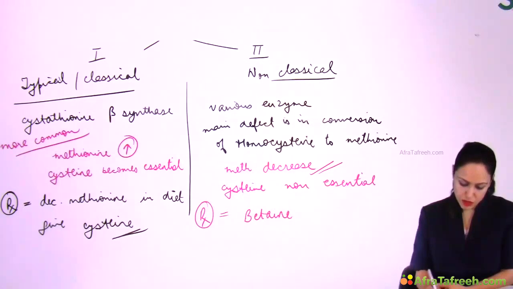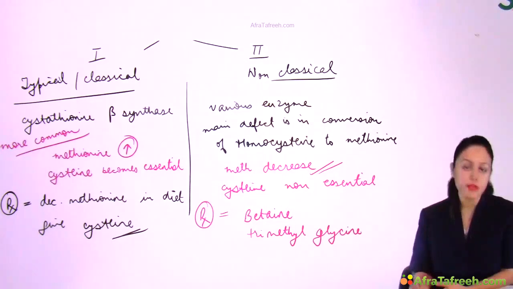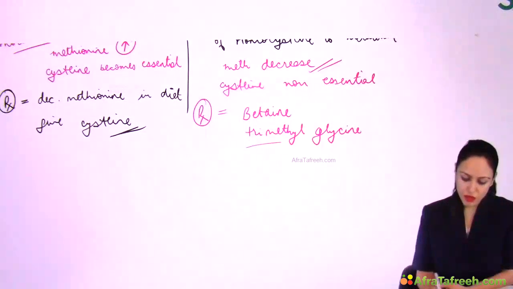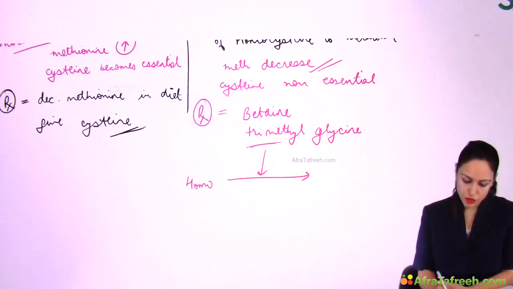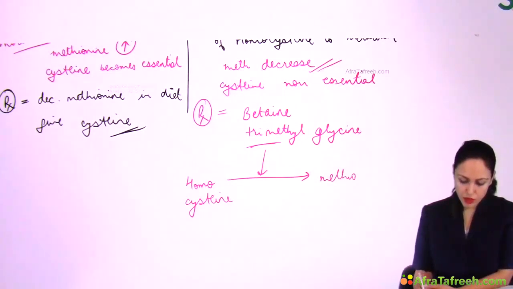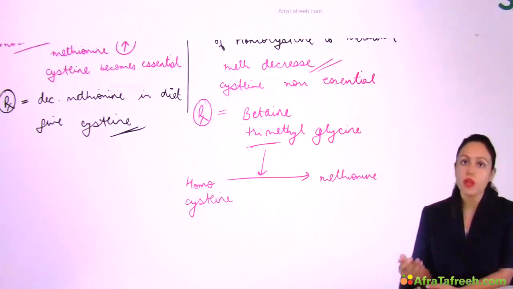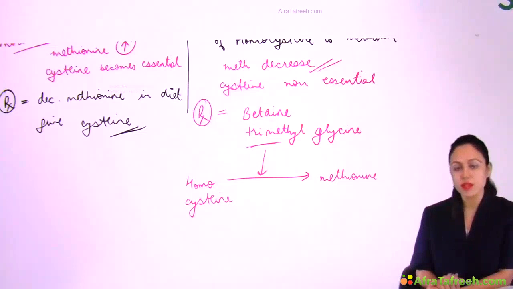Betaine is trimethylglycine. As betaine has 3 methyl groups, it can donate a methyl group in the conversion of homocysteine to methionine, and the problem in these patients is a defect in the formation of methionine from homocysteine, right? So that is taken care of in the treatment.